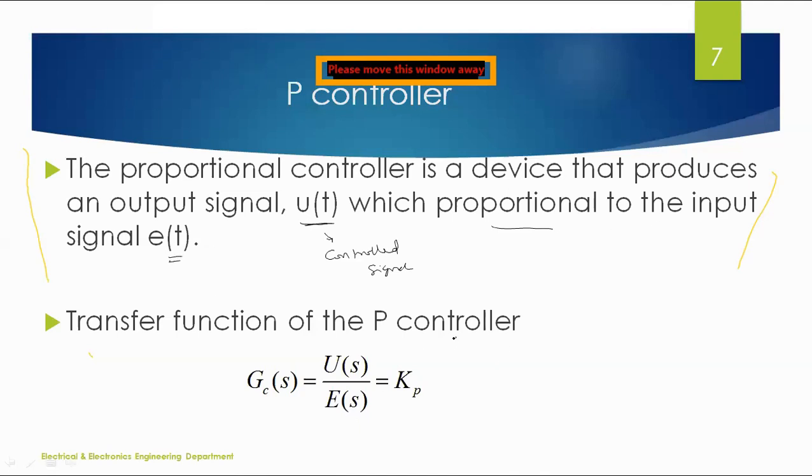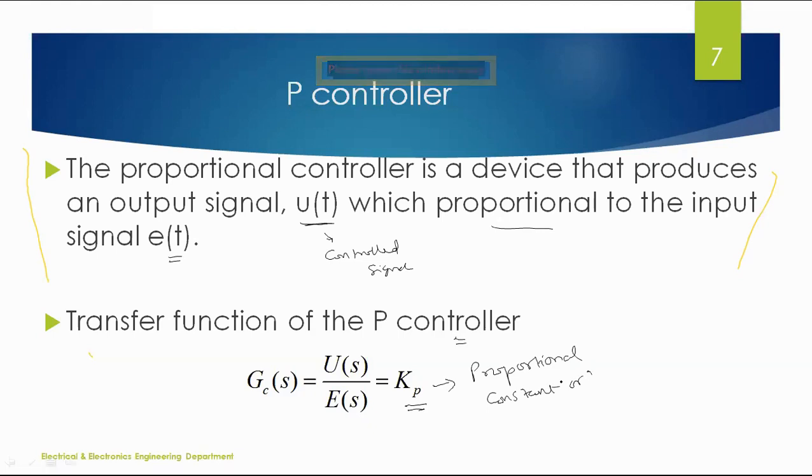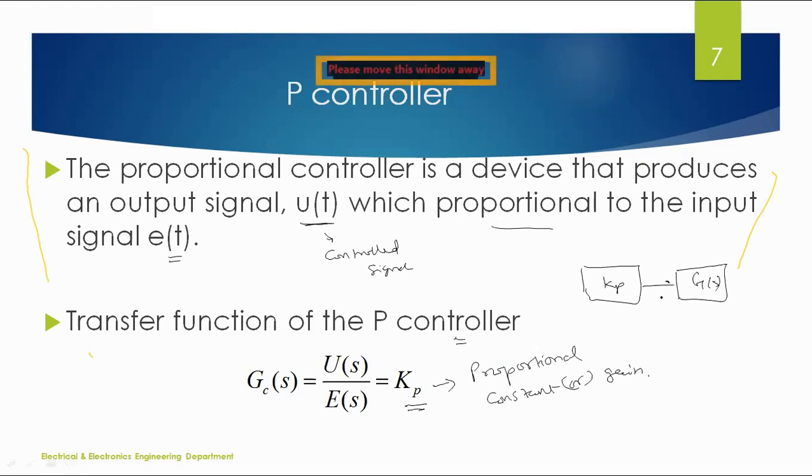So the transfer function of the P controller is Kp, which is nothing but the proportional gain or proportional constant, in series with G(s).